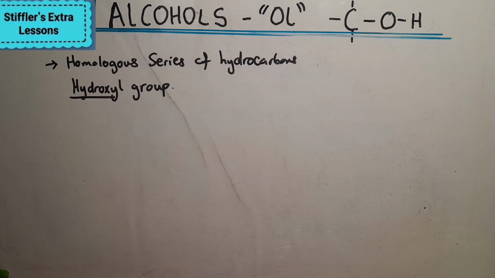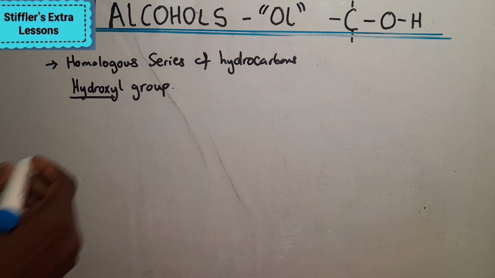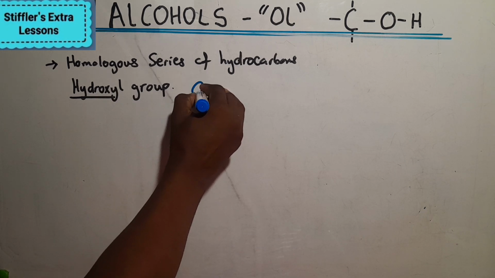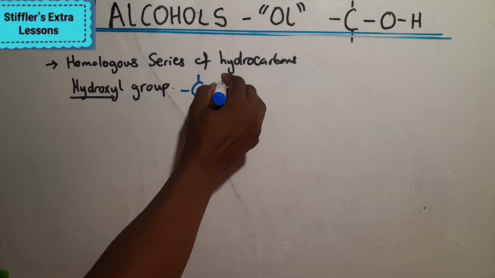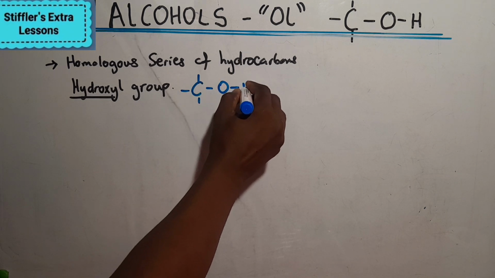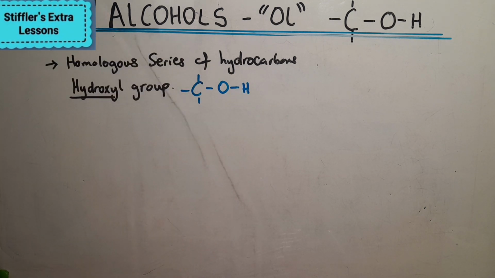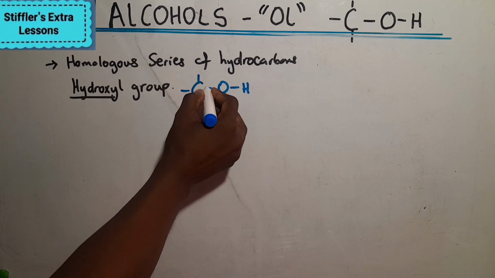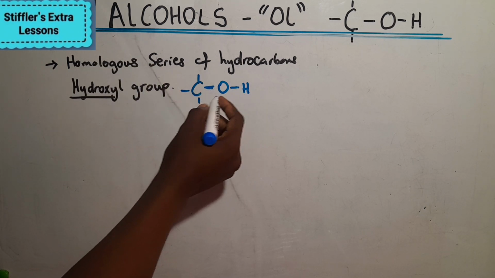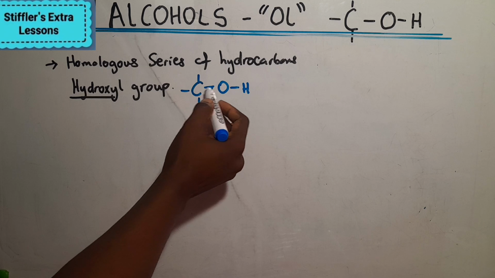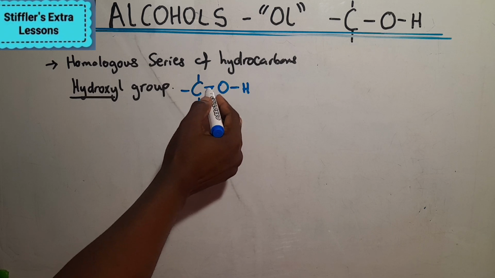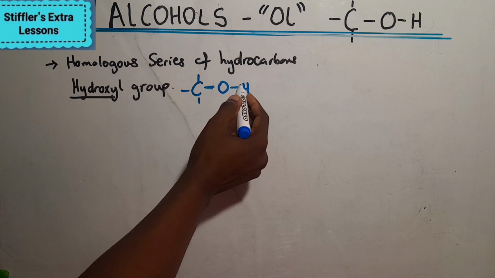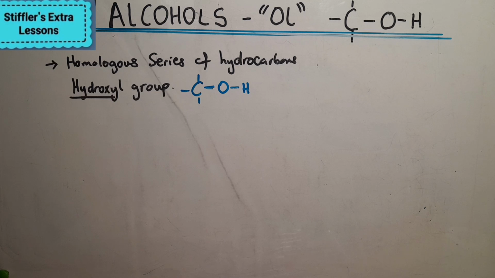So the functional group of this is a hydroxyl group, which is identified by this O and H. So this O is having a single bond. You remember on ketones and aldehydes, there was a double bond between carbon and oxygen, but now it's a single bond, and also this oxygen is also having a hydrogen attached to it. So this is the functional group of this, right?